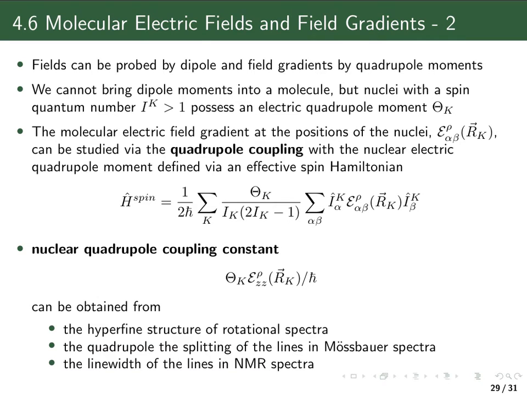And experimentally one can measure this product, for example, from the hyperfine structure of the rotational spectra, from quadrupole splitting of the lines in Mössbauer spectra, also from the line width of the lines in NMR spectrum. So one can experimentally get the product of those two. If one then also knows the nuclear quadrupole moment, then one can experimentally determine the component of the electric field gradient at the position of the nucleus.